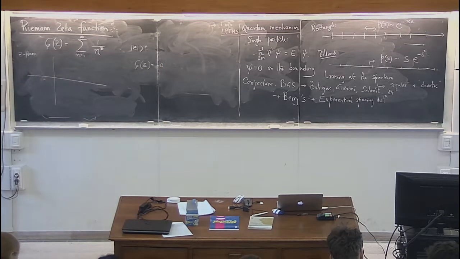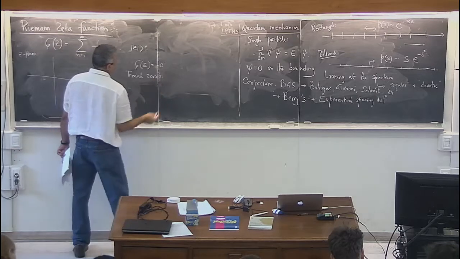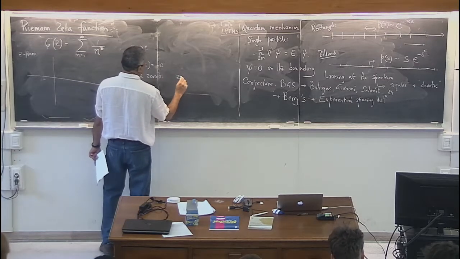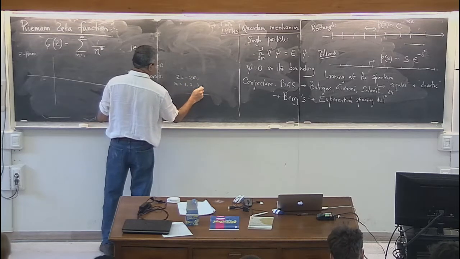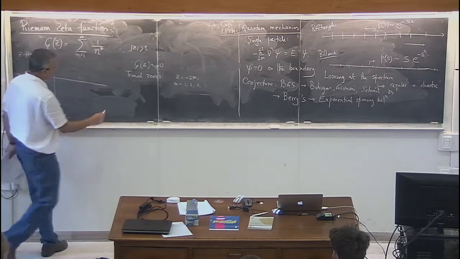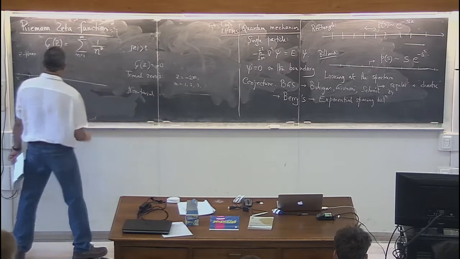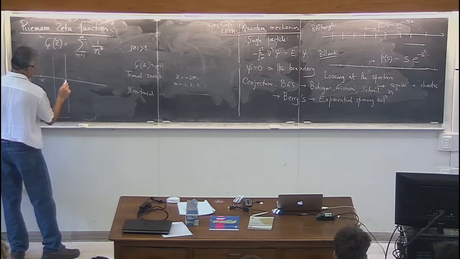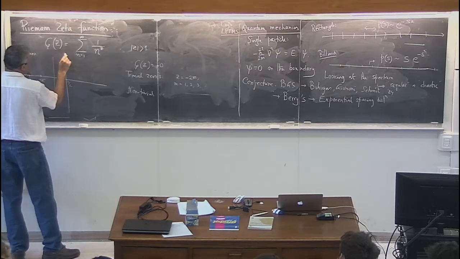There are some trivial zeros, which are just at z equal to minus 2m, where m equals 1, 2, 3, etc. These are on the real line, at minus 2, minus 4, minus 6, etc. And there are some non-trivial zeros, which are supposed to lie on the line with real part half. This is the famous Riemann hypothesis.